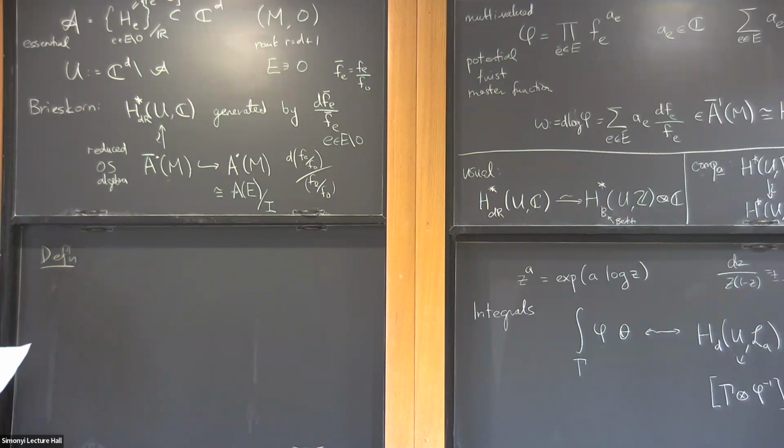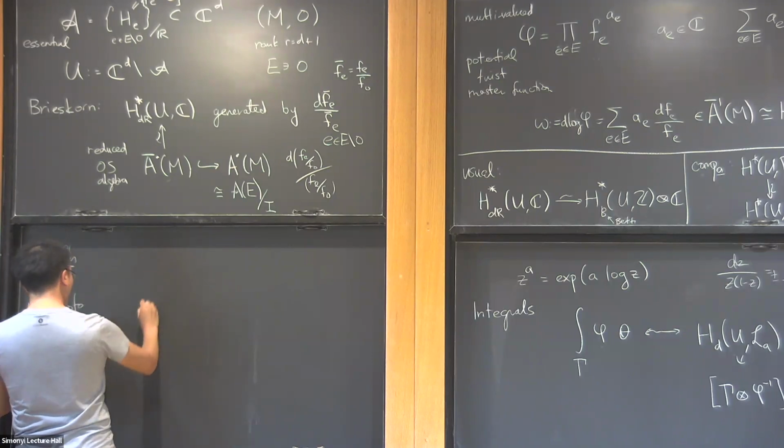Okay, so the main definition, which is the intersection pairing, appears to have first been considered by Cho and Matsumoto in the early 90s.